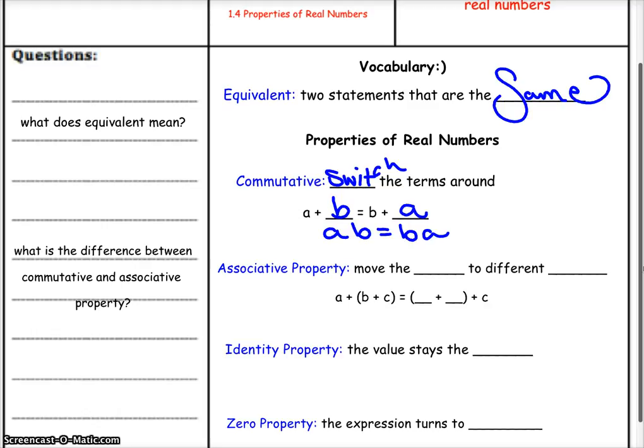And then we have the associative property. It's when you move the parentheses to different numbers. You're associating with someone new.